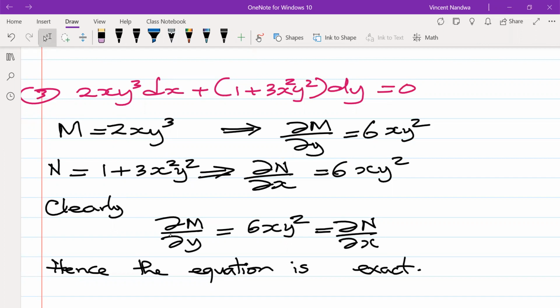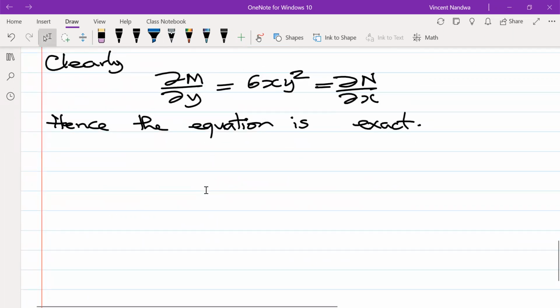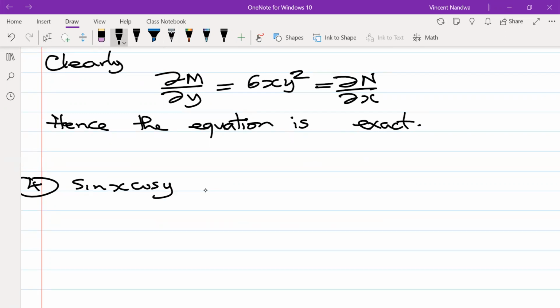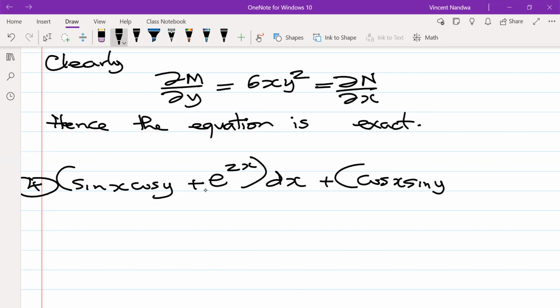Next problem. Number 4. Sine x cos of y plus e raised to power 2x dx plus cos of x sine of y plus tan of y dy equals 0.